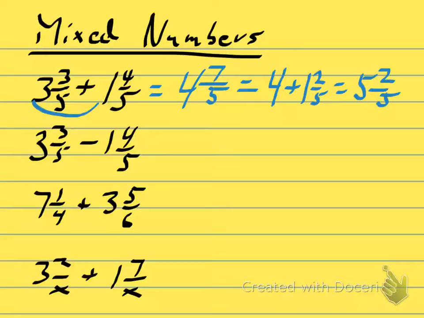Okay, the next one, we already have a common denominator, but we do have a problem. Can you take 4/5 away from 3/5? No. No, you don't have enough fifths to take that away. But we do have 3 whole whatevers, chocolate bars, pies, whatever here. So if I steal one of those and reduce it to 2 and break it up, I broke it into 5/5.